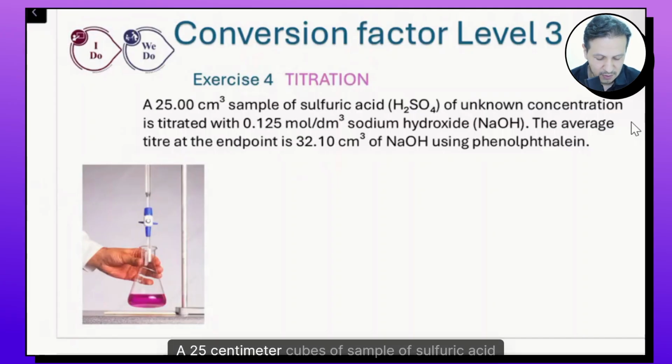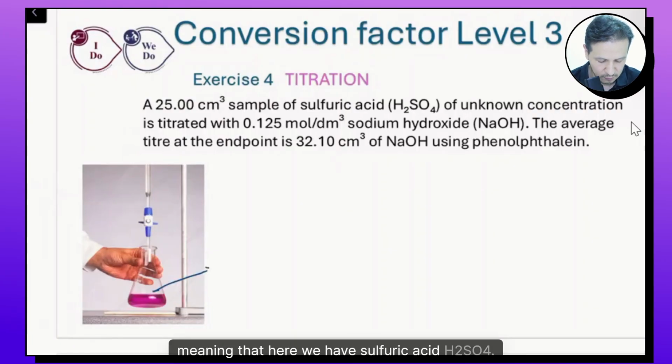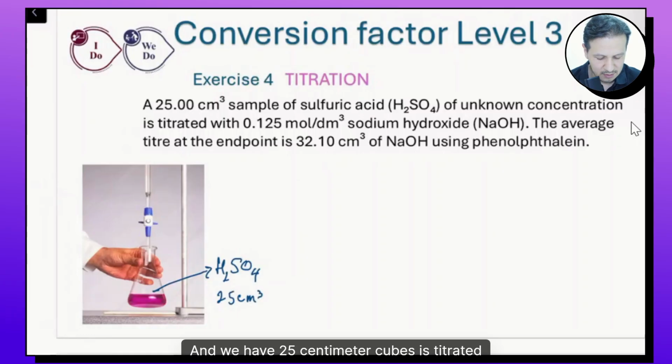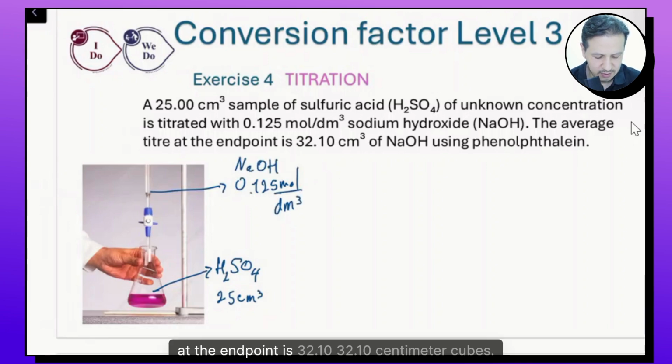A 25 centimeter cubed sample of sulfuric acid of unknown concentration is titrated, meaning that here we have sulfuric acid, H2SO4, and we have 25 centimeter cubed. It's titrated with 0.125 moles per decimeter cubed of sodium hydroxide. The average titre at the end point is 32.10 centimeter cubed.